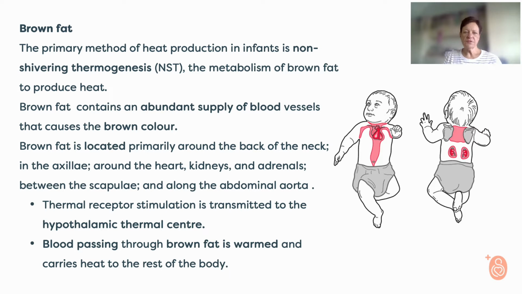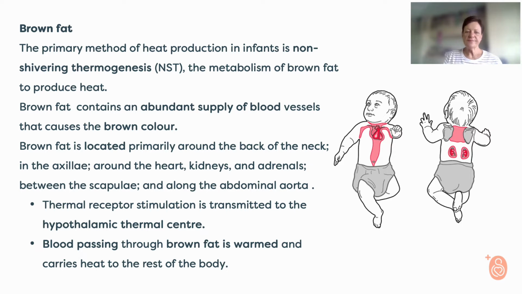Now, a very important part in the heat production process of babies is brown fat. That's the primary method of heat production, and we call that non-shivering thermogenesis because the heat is being generated by the metabolism of brown fat.